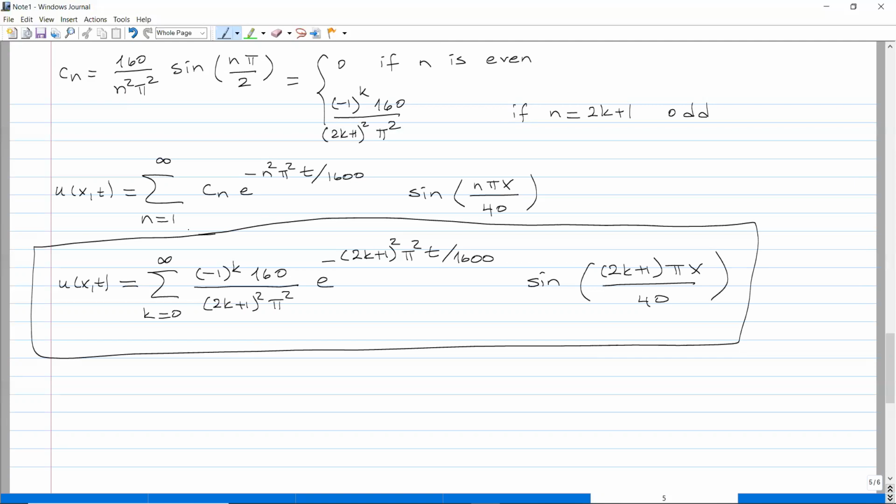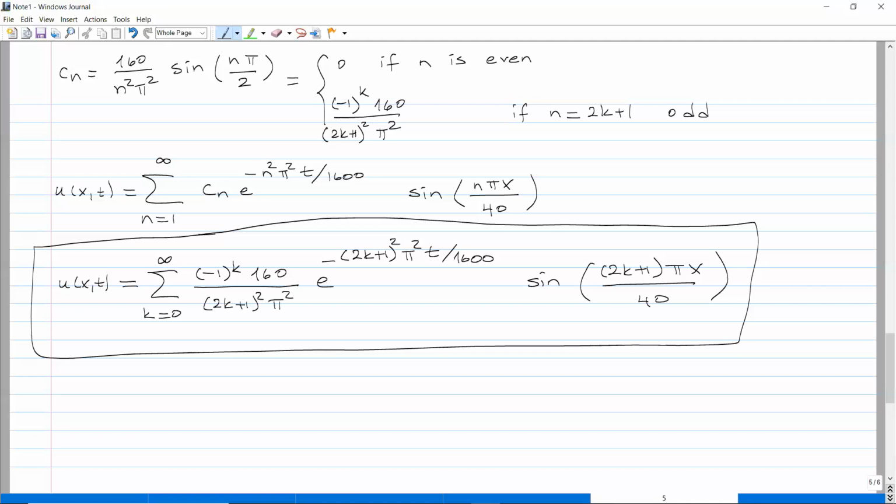Now, it is an infinite sum, so how do we know that it is convergent? For convergence, we refer to the Fourier convergence theorem, whose proof is beyond the scope of this course, so we are not going to talk about that. We just accept the Fourier convergence theorem, and according to that theorem, when the function f and its derivative are piecewise continuous and periodic, then this series converges.